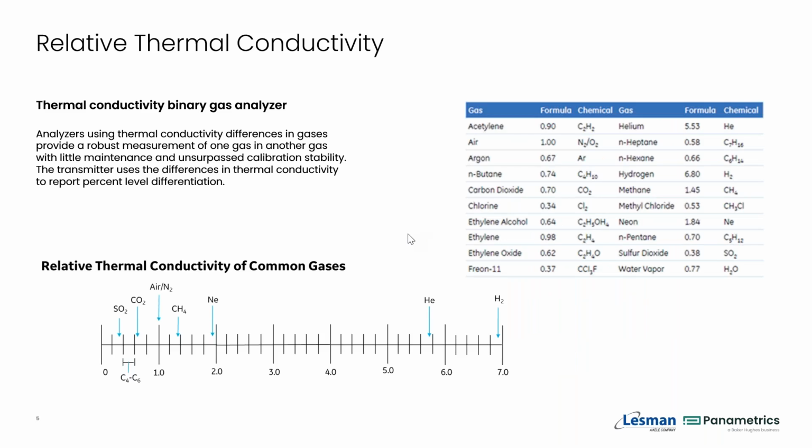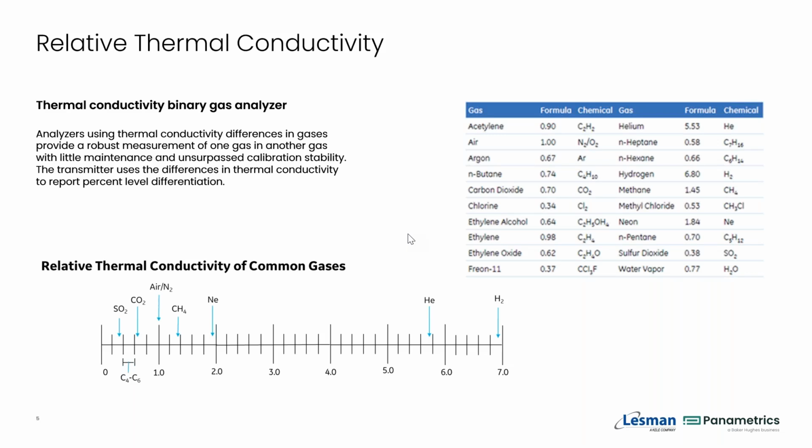To keep life a little simple, what we have is a term called relative thermal conductivity. And relative thermal conductivity is the thermal conductivity of any gas as it relates to air. So that air, or nitrogen, if you will, divided by the thermal conductivity of nitrogen is equal to 1 by definition.